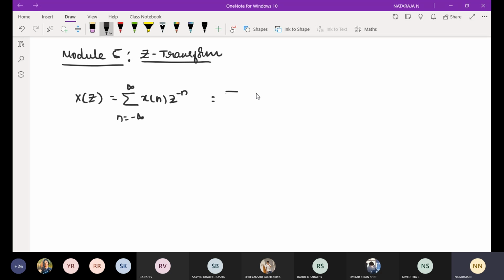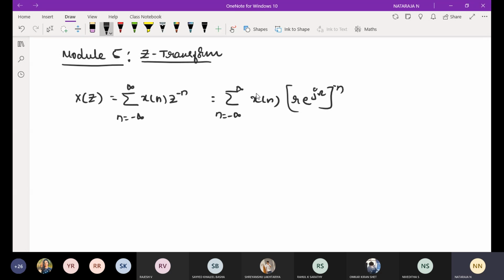Then we can write this with z replaced by r e power j omega, whole to the power of minus n.